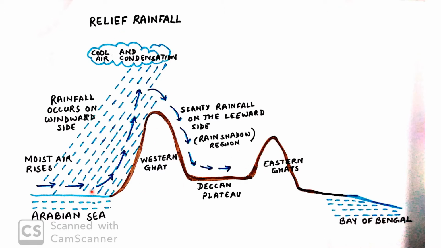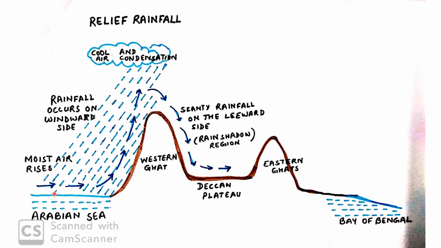Suppose we are moving from the Arabian Sea towards the Western Ghats. So over the Arabian Sea, the air is moving towards India, because in India an intense low pressure belt is created.